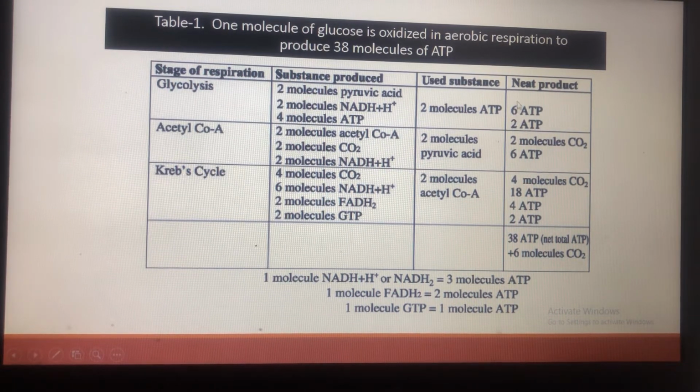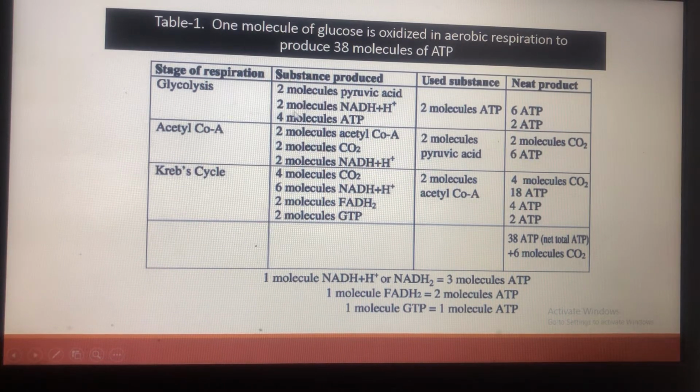Now the question may come into your mind, where do we get this? So here at the bottom of the table you can see that 1 molecule of NADH plus H plus or NADH2 is equivalent to 3 molecules of ATP. So here we had 2 molecules of NADH2, so from 2 molecules of NADH2, 6 molecules of ATP are produced.